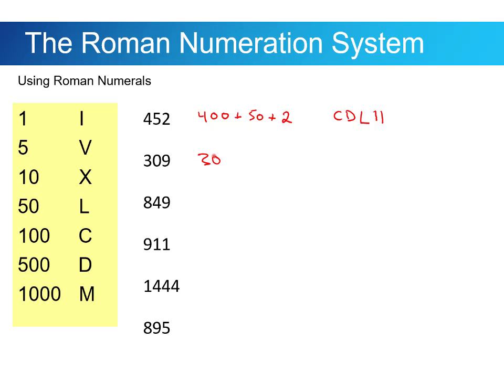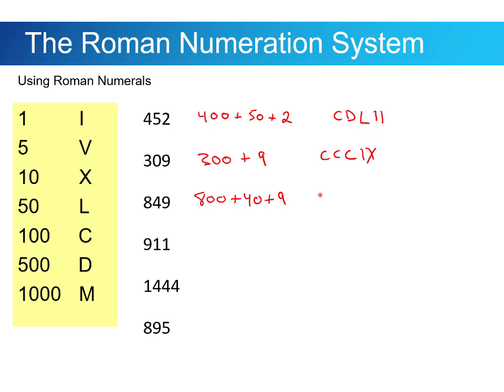309, so my first step, write this, 300 plus 9. The 300, CCC, and the 9, IX. How about 849? So I write this, 800 plus 40 plus 9.